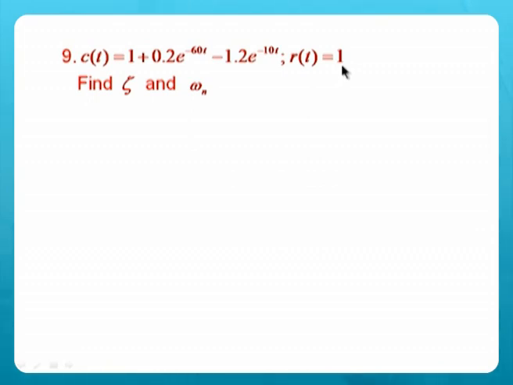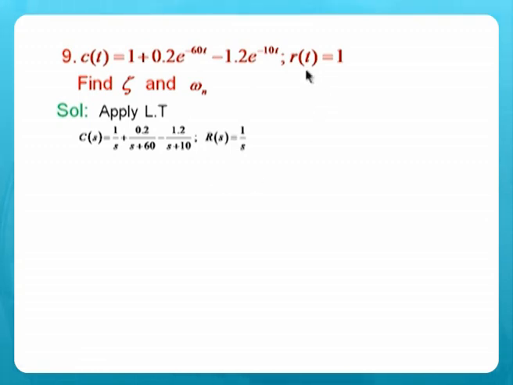It is 1 unit step. So you are asked to calculate the damping constant and undamped natural frequency. So we need to apply Laplace transform for this C of t. So 1 becomes 1 by s, 0.2 e power minus 60t term becomes 0.2 by s plus 60 and this term becomes 1.2 by s plus 10.